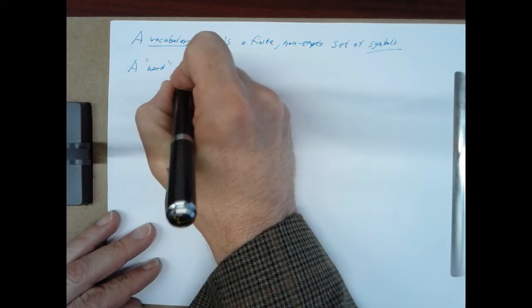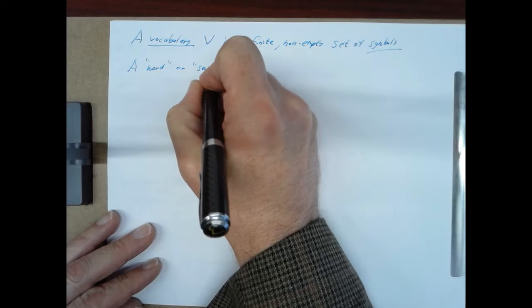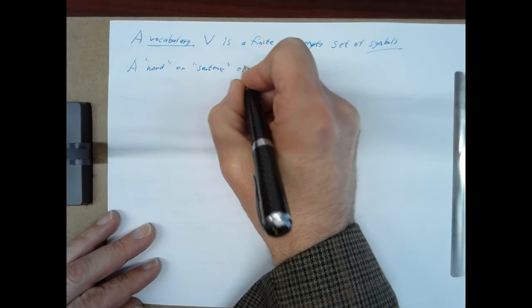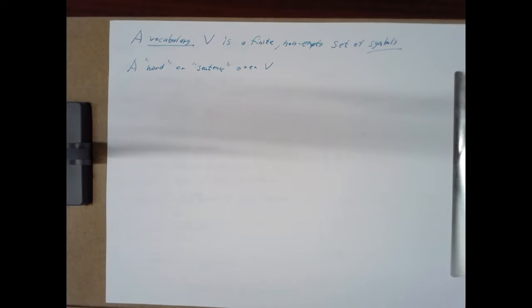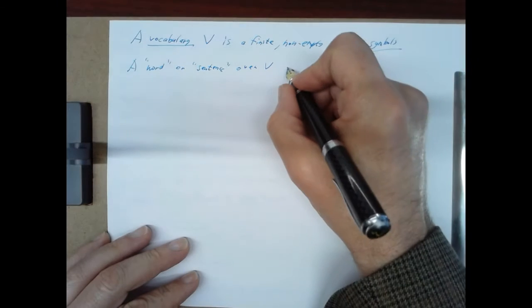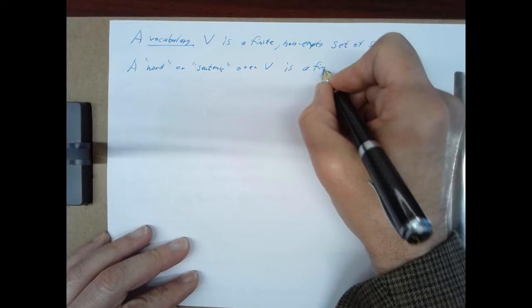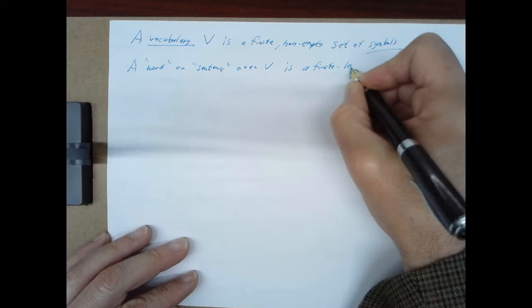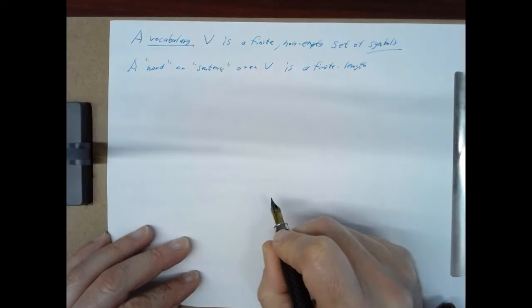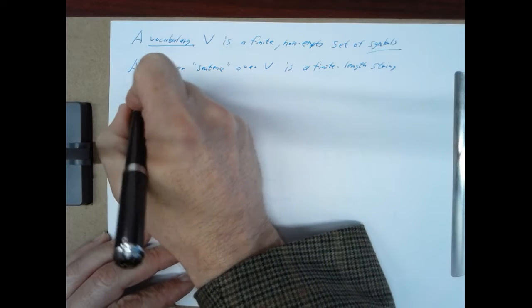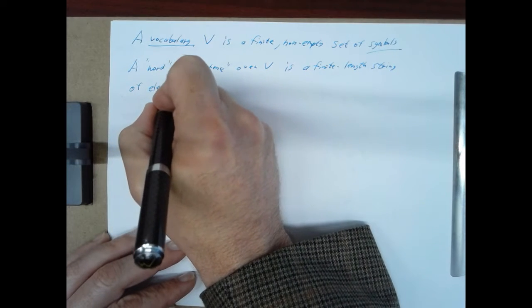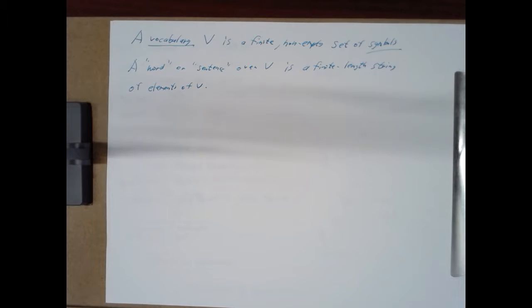A word, or sometimes a sentence, over that vocabulary. So a word over V or a sentence over V is a finite length string of elements of V. So V is our vocabulary.